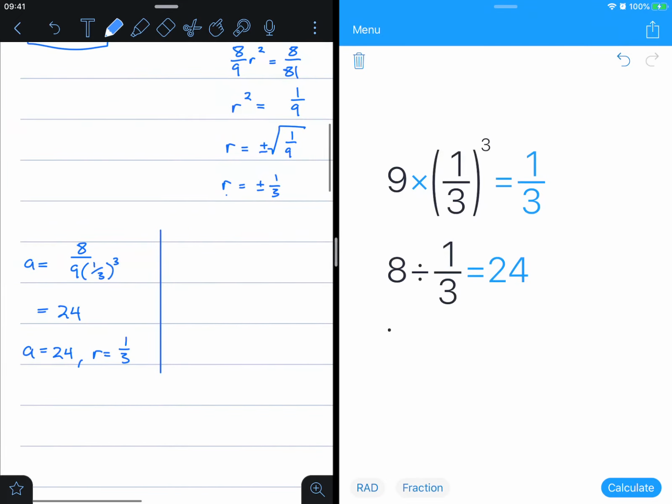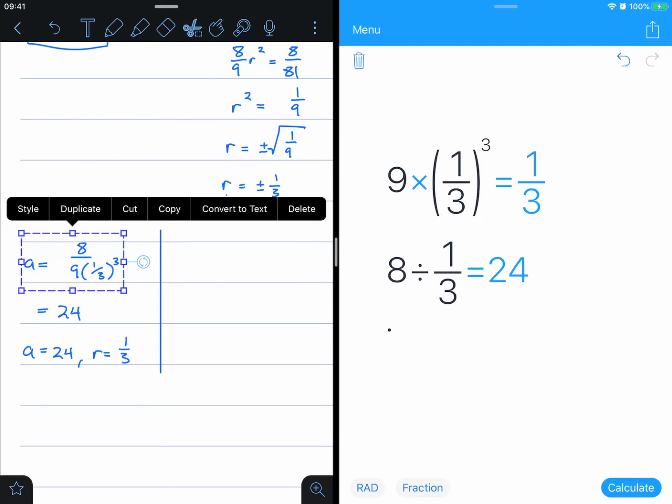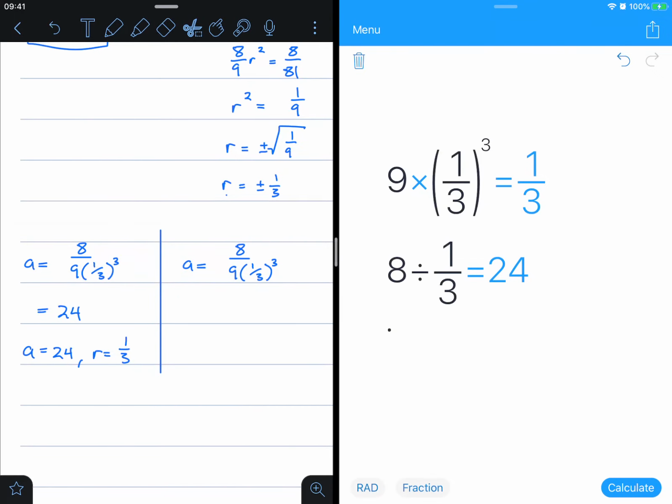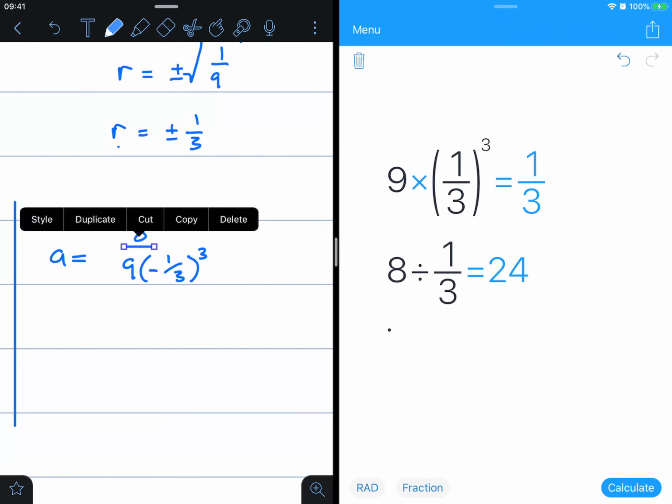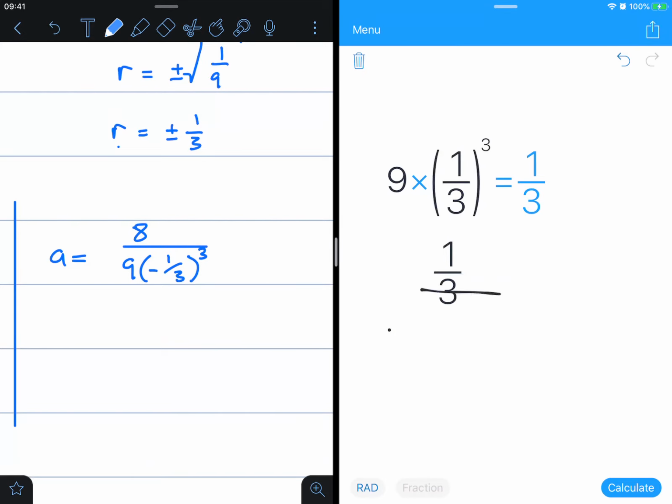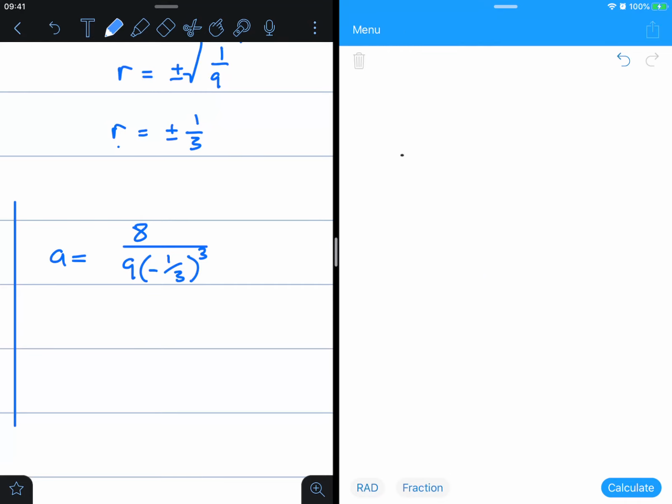Testing the negative now. So 9 times negative 1/3 cubed.